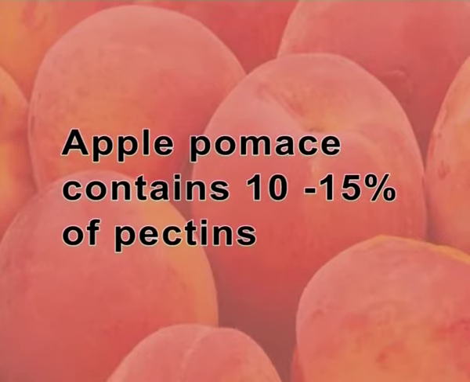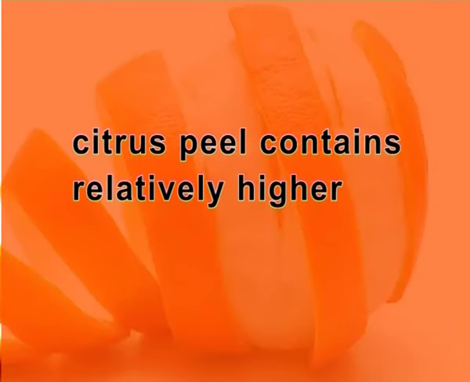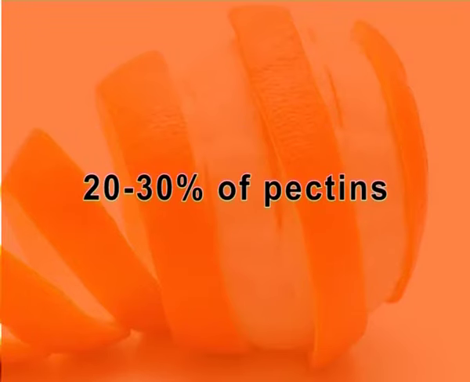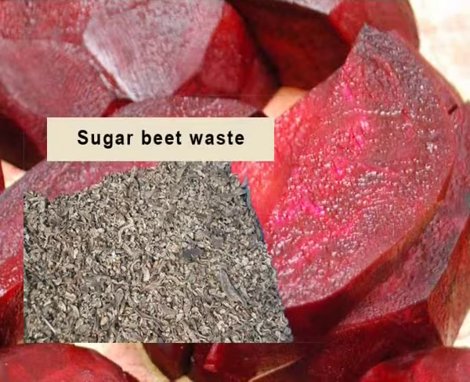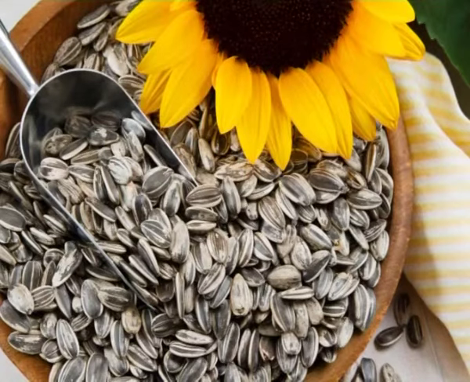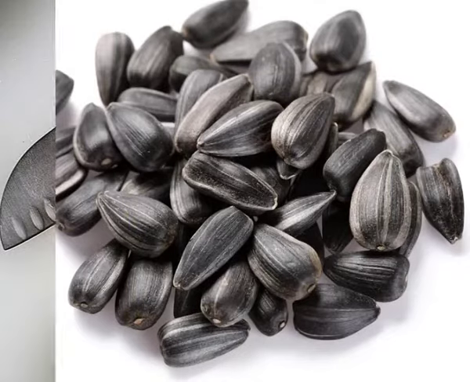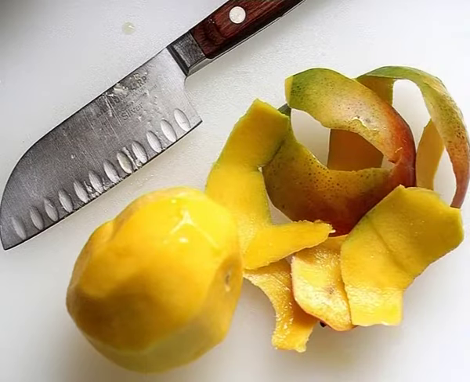Pectin can convert to pectic acid upon the hydrolysis of lime treated peel, which is further treated with enzyme to ease the peel removal. Apple pomace contains 10 to 15% of pectins, whereas citrus peel contains relatively higher, that is 20 to 30% of pectins. More recently, other sources of pectins are beginning to find a market, including sugar beet waste from sugar manufacturing, sunflower heads from seed used for edible oil, and mango waste.